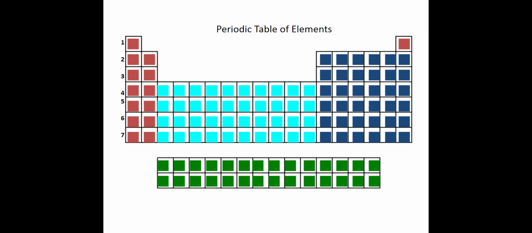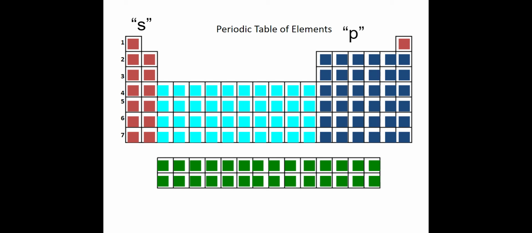Okay, go look. Note now the numbers on the left, 1 through 7. The top row is 1. That's the principal energy level. So there are 7 energy levels on the known elements in the universe. The S subshell represents the 2 left columns.